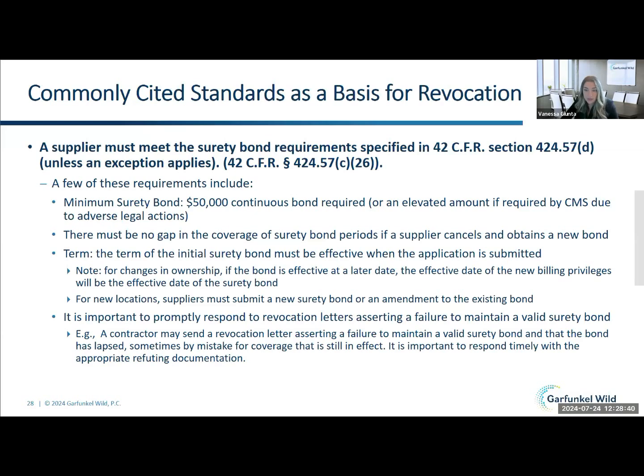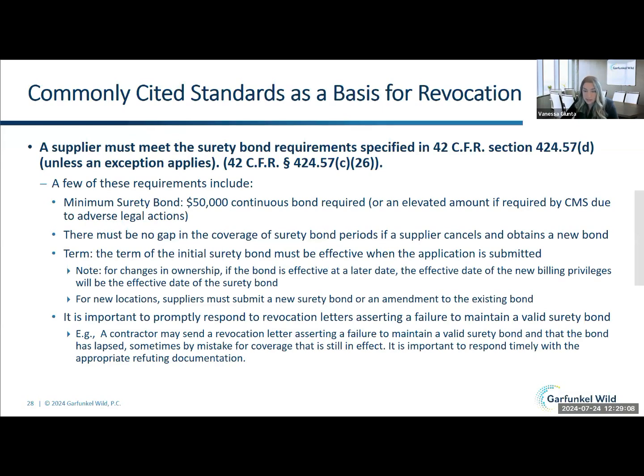And the term of the initial surety bond has to be effective when the application is actually submitted. And you want to keep in mind that for ownership changes, if the bond is effective at a later date, then the new billing privileges will start from that bond's effective date. So that could also cause a gap if you're not aware of these overlapping dates. And new locations also will need a new surety bond or an amendment to your existing bond.